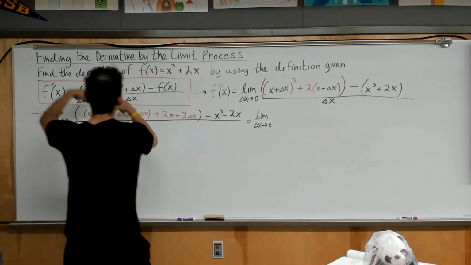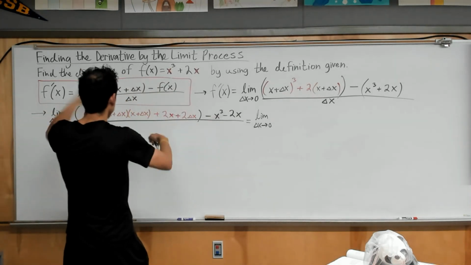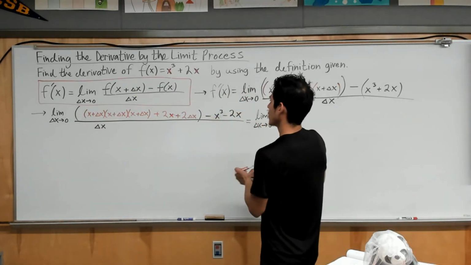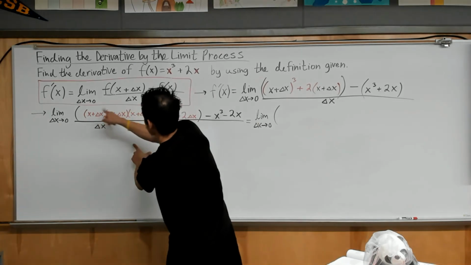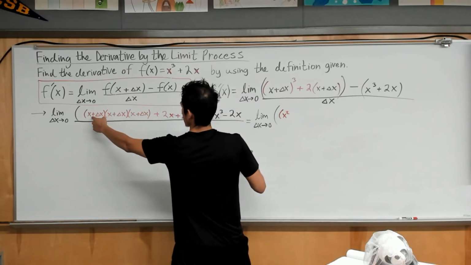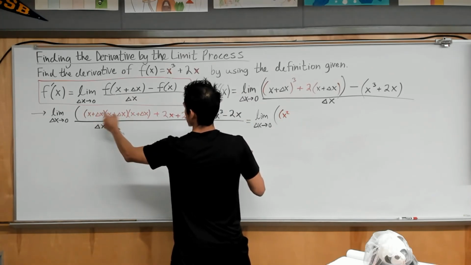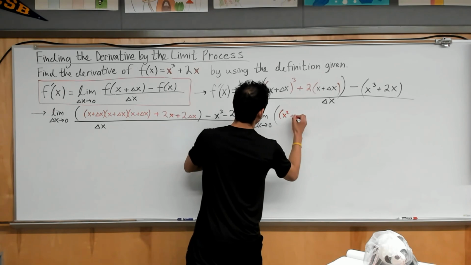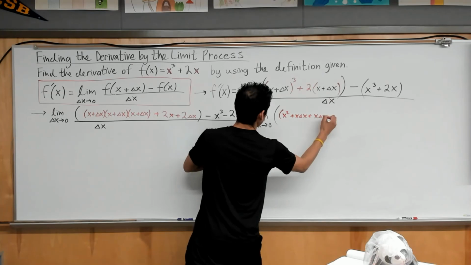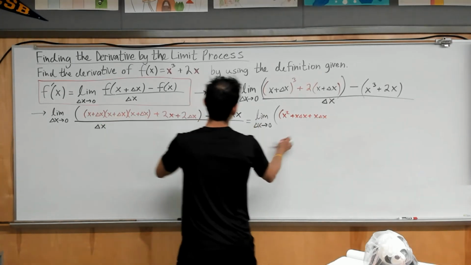So this is just going to be multiplying and all that. We would have x times x. So x squared plus x delta x plus x delta x plus delta x squared.